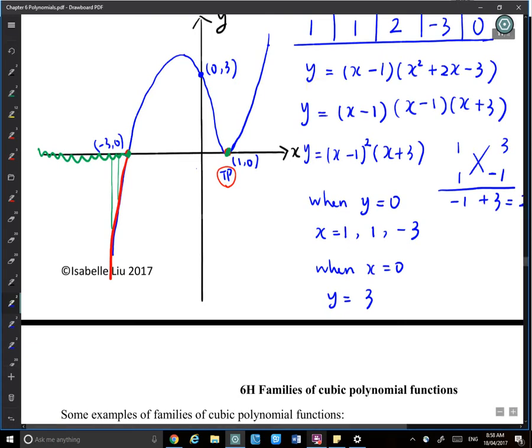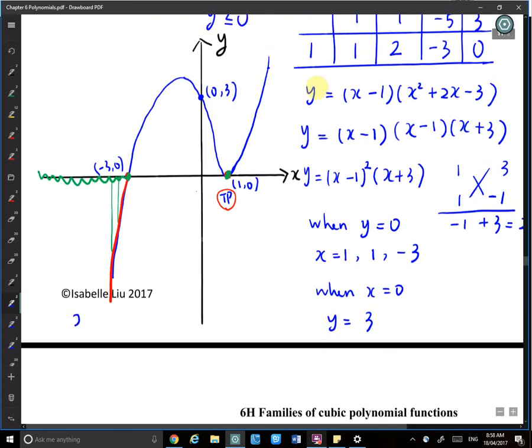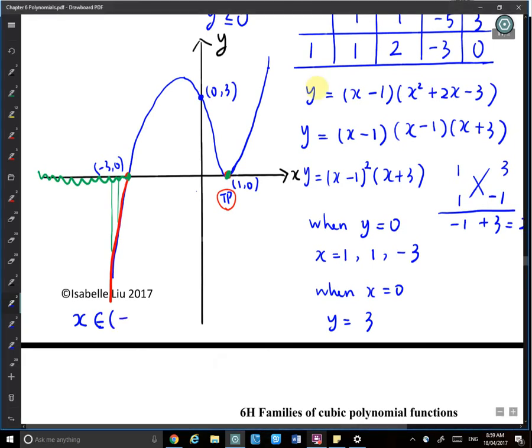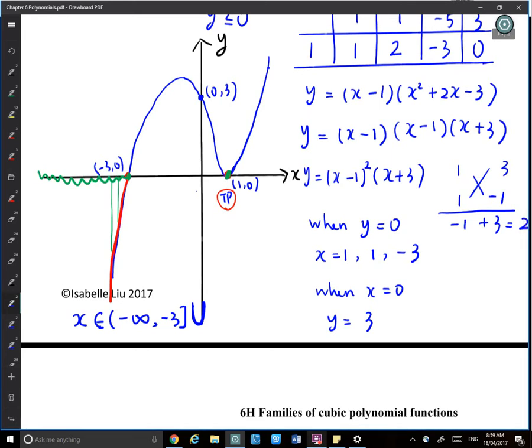So you will write x belongs to a set. Belongs to which set? From negative infinity to the point -3, and you need to include -3, because -3 is a solution. Union another point. You want to union only one point, not a set of numbers. Only the point x equals to 1.